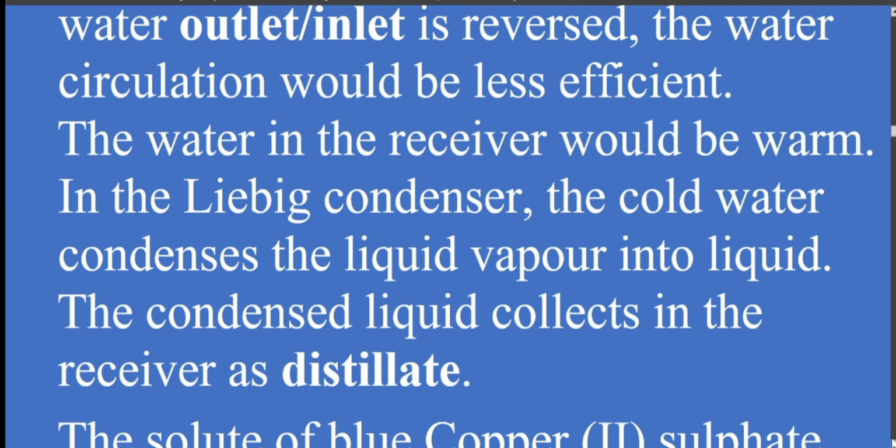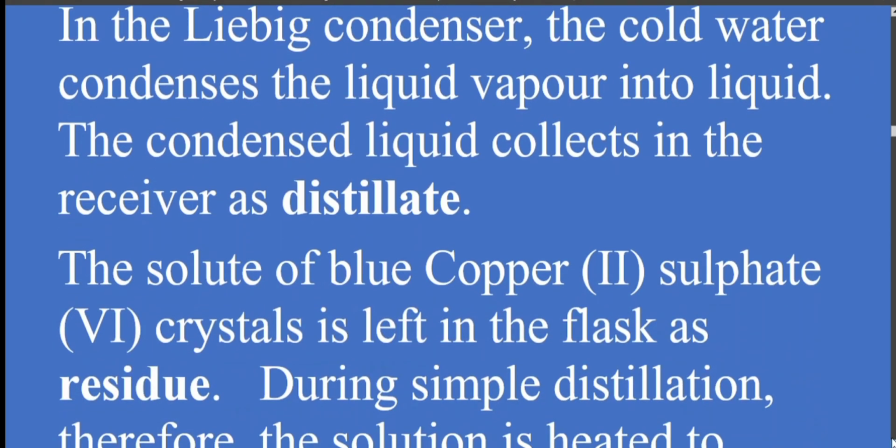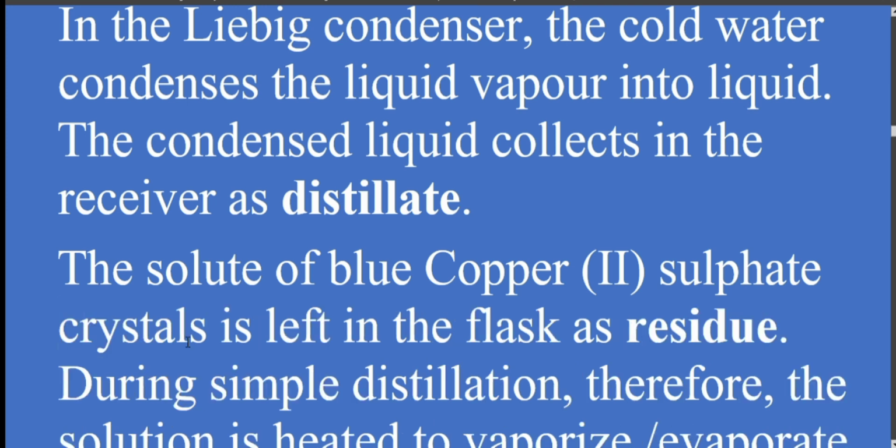Remember, in filtration, we said it is collected as filtrate. In distillation, the liquid is collected as a distillate. The solute, the blue copper 2 sulfate crystals, is left in the flask as the residue.